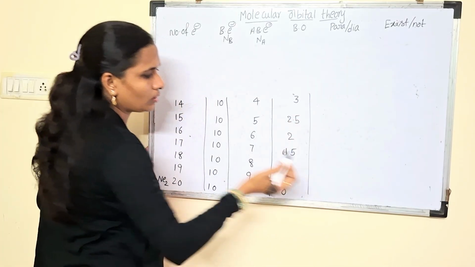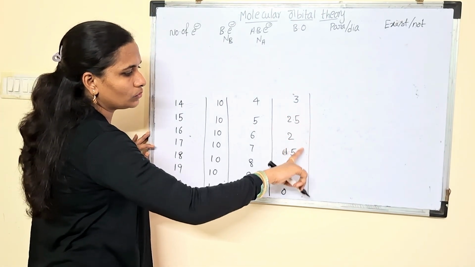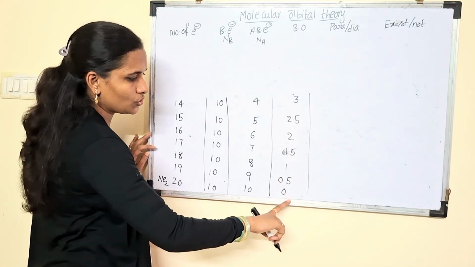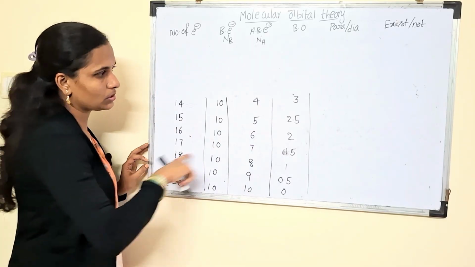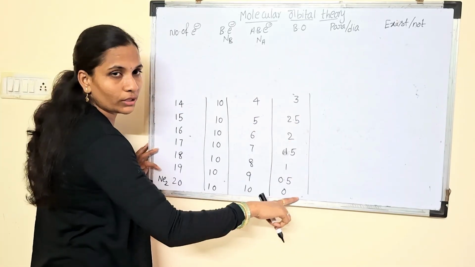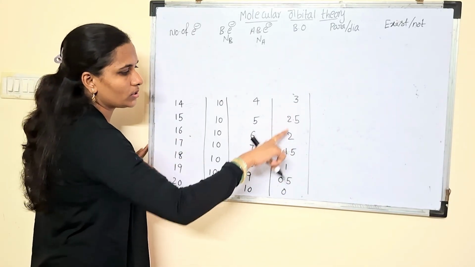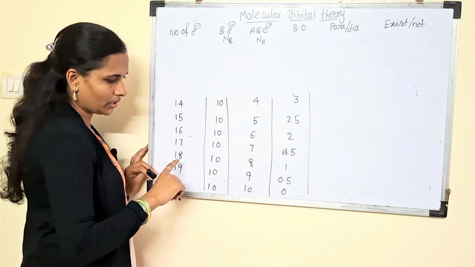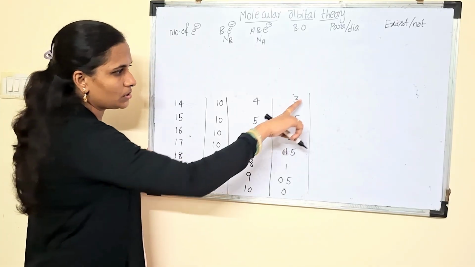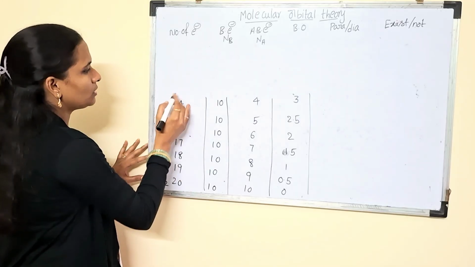So this is the bond order. Like this we can calculate: 3, 2.5, 2, 1.5, 1, 0.5, 0. As electrons increase from 14 onwards, we have to decrease the bond order by 0.5. For example, if it has 16 electrons, what is the bond order? That is 2. Directly we can write. And if 18 electrons, the bond order is 1. So this is the shortcut method.